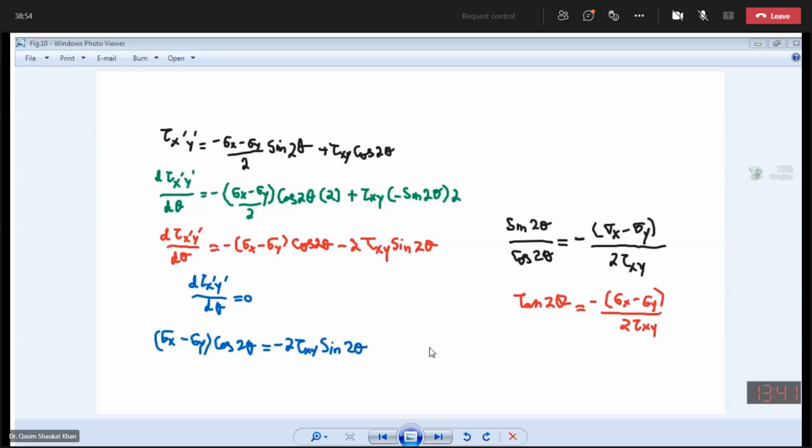How many of you have been able to find the derivative and then equate it equal to 0 and then simplify it to get this expression? How many of you?